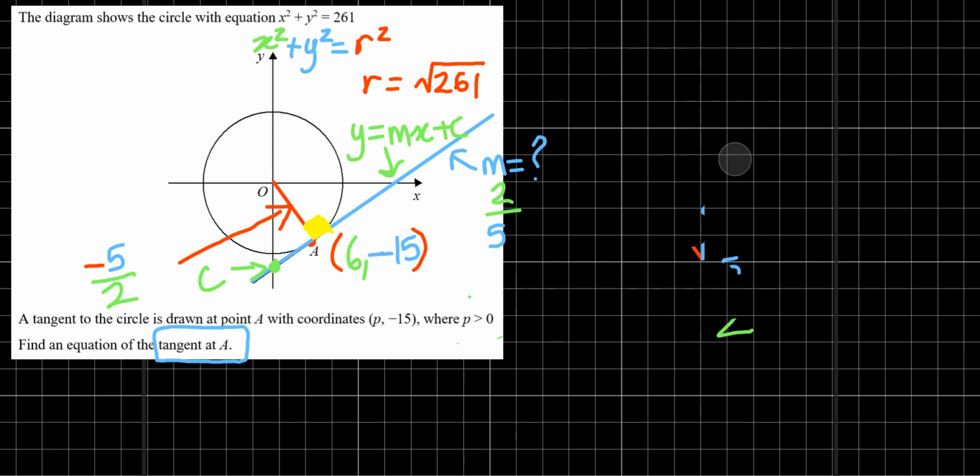So we've got the things we need before we can write an equation of a line. We've got y equals mx plus c.